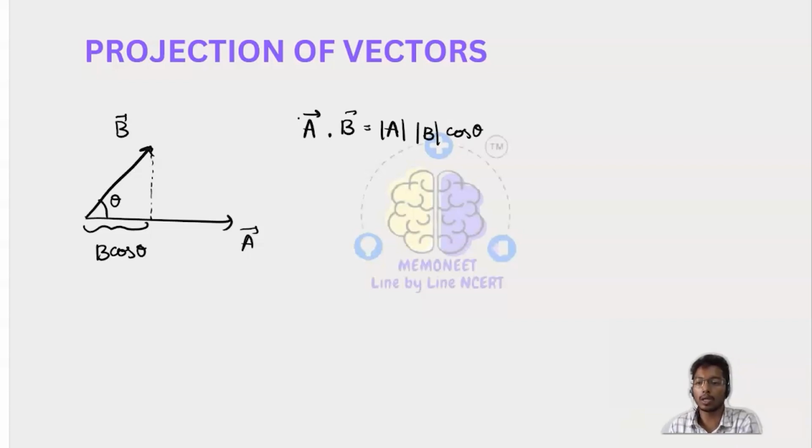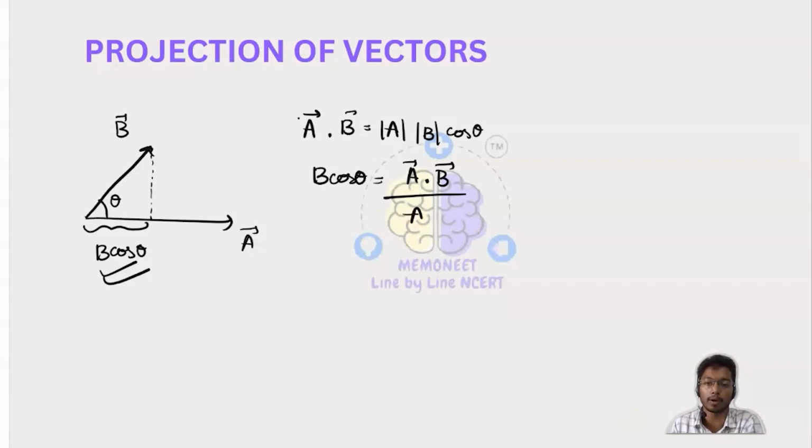But here the b magnitude cos theta is the projection, so b cos theta is equal to a vector dot b vector upon a magnitude. So this is the b vector projection on a vector. It is important, so try to learn it thoroughly.